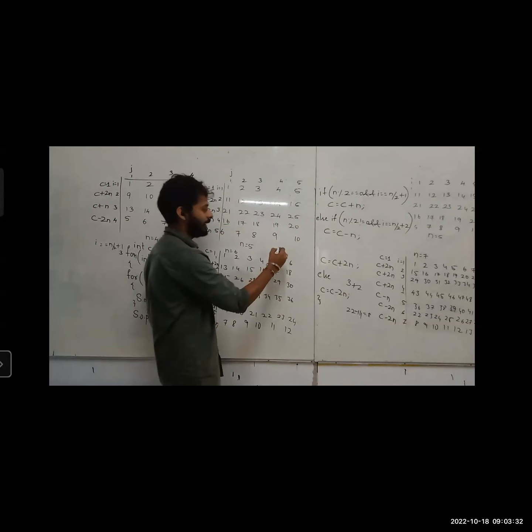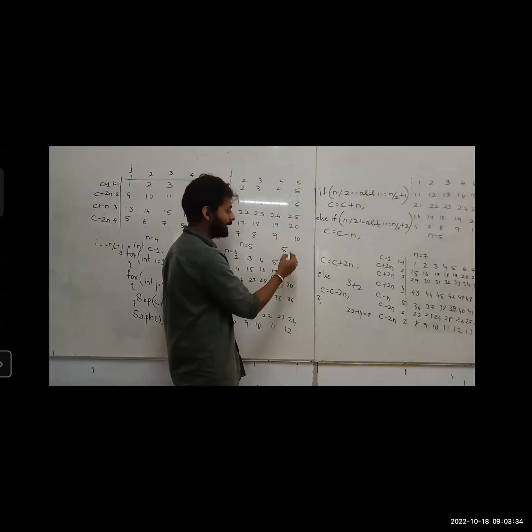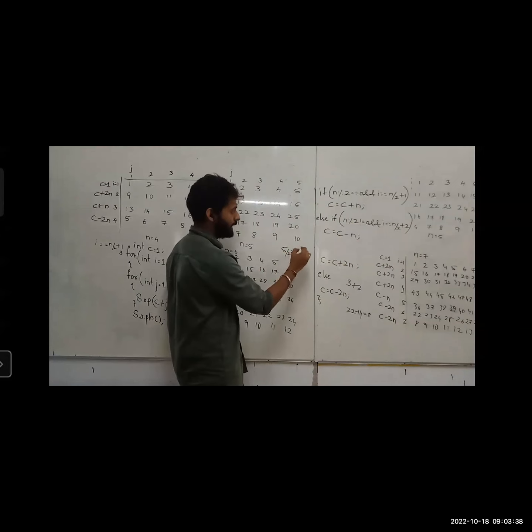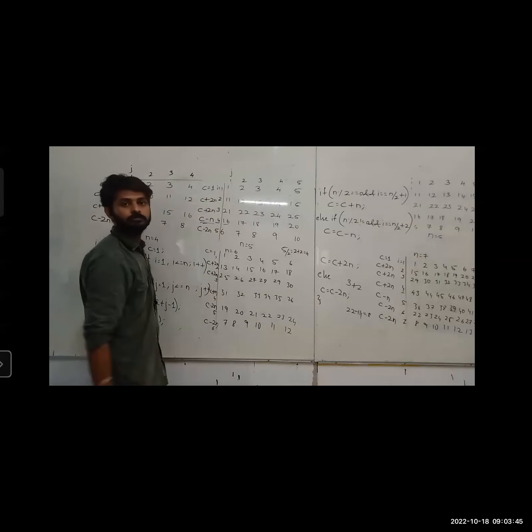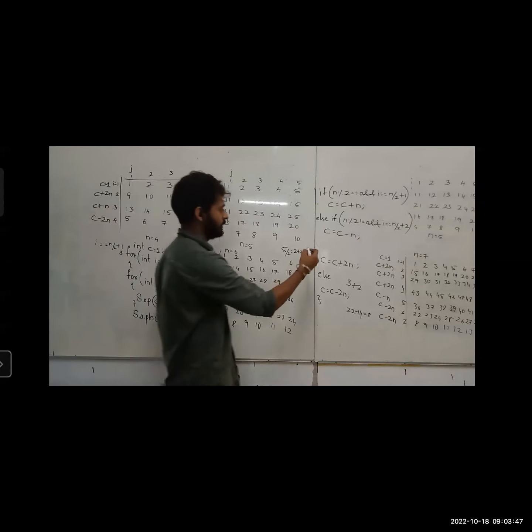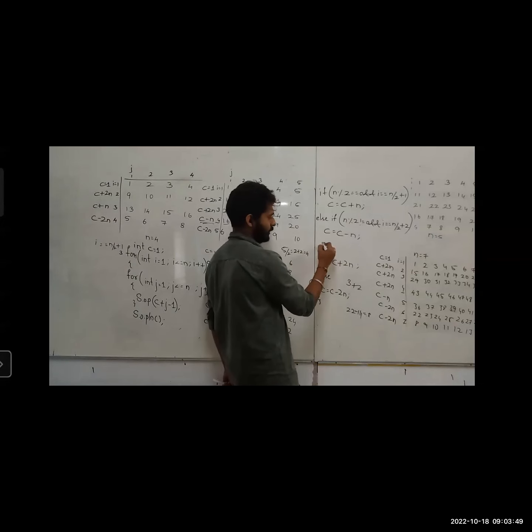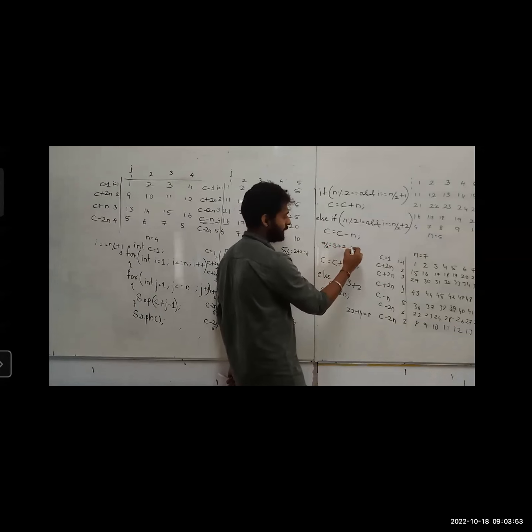If I give 5, okay, 5 by 2 is 2. Okay, 2 plus 2 is 4. And here 7 by 2 is 3. 3 plus 2 is 5.